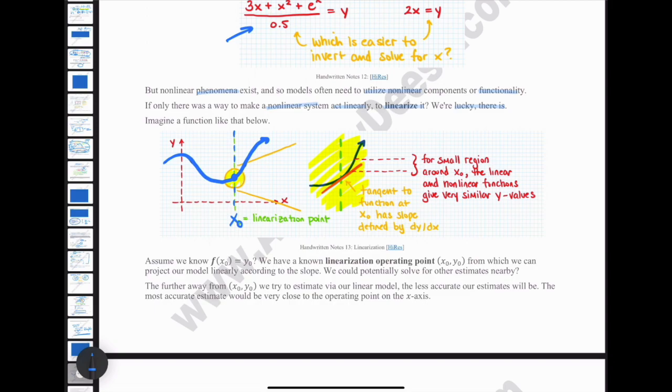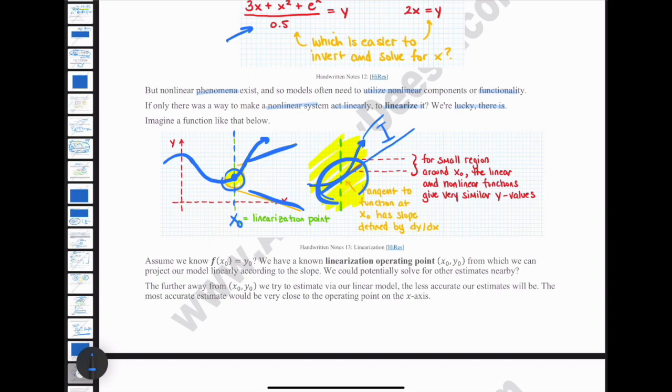And linearization, the way that it essentially works, you can see here we're blowing up this little piece, is that although the function is curved, when we zoom in far enough, the tangent to that function is a relatively good representation of it locally. But if we extend that out, you can see the gap becomes larger and larger.